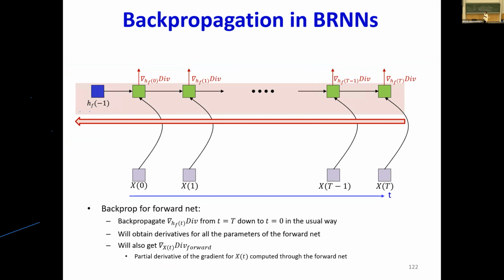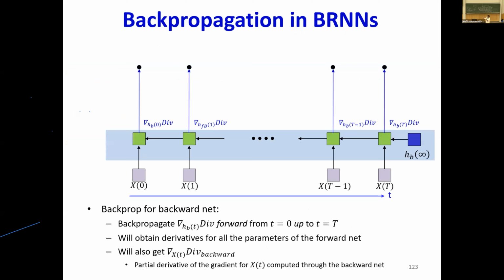And then for the forward network, you're going to use the portion of the derivatives that came to the output of the forward network, and you'd use backward propagation through time to compute derivatives going all the way to the beginning. For the backward network, you use the portions of the derivative that came at the output of the backward network, and now you're computing derivatives going forwards, because you're reversing the order of computation, right?